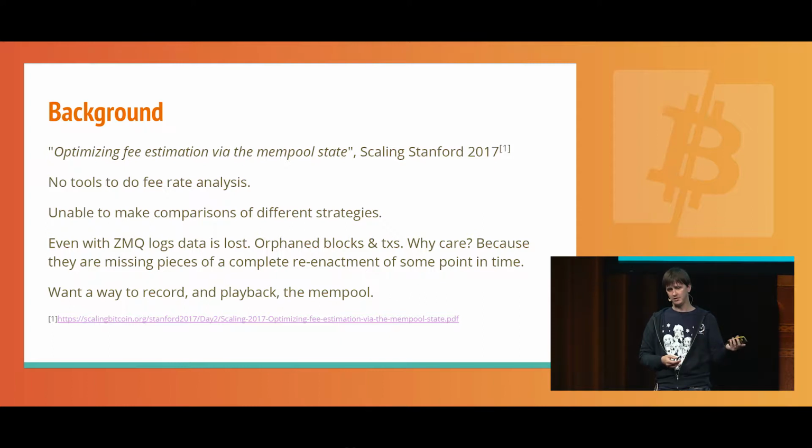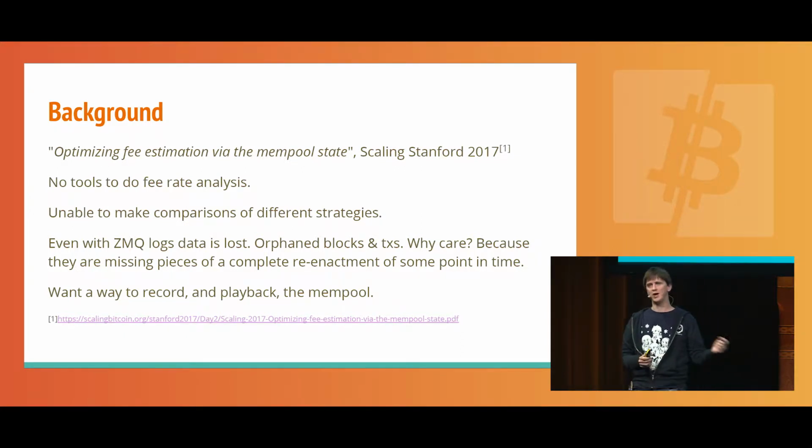The way I did my initial work was to patch Bitcoin Core to look at the mempool in real time and try to figure things out like that. But to get one day worth of data, you would have to wait one day, which is not very fast. There's another thing happening, and that is that we're actually losing data right now.